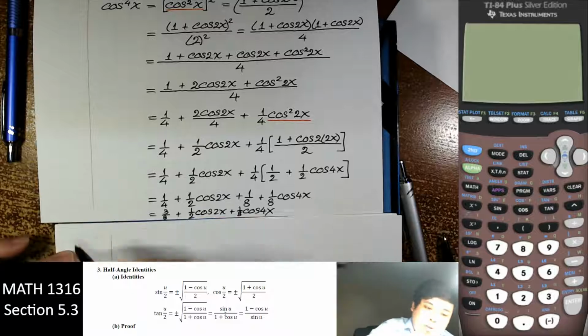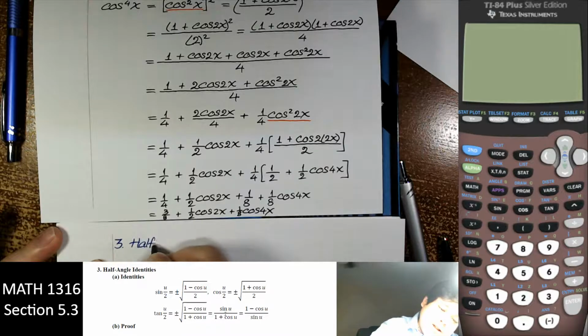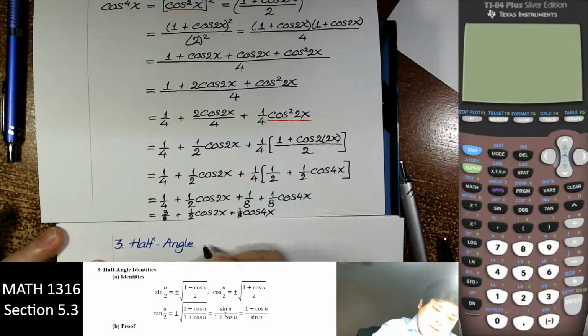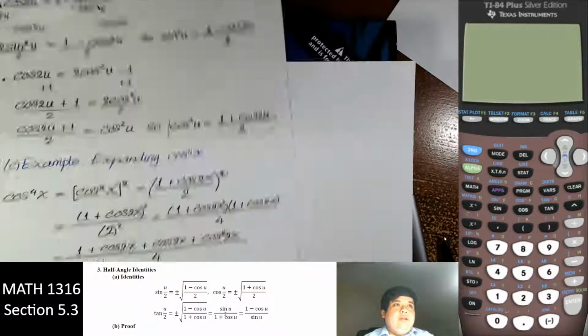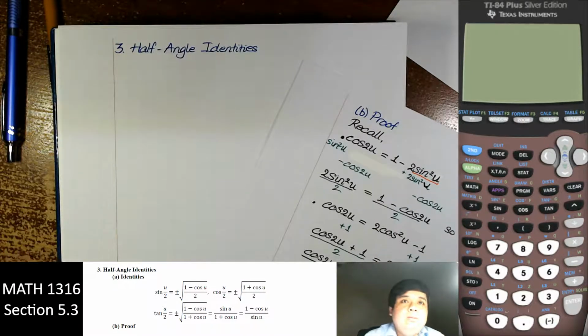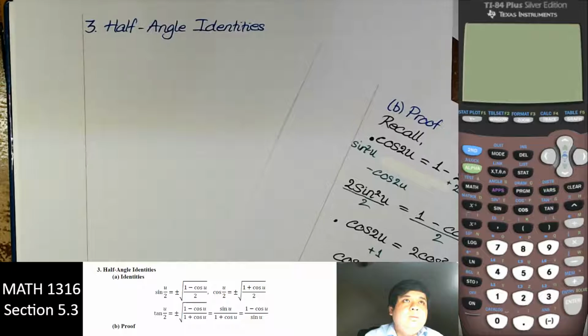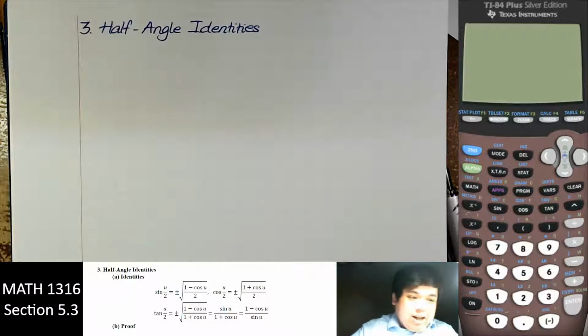Right, now we go to the 3rd part of the section, half angle identities. Right, so first the identities.